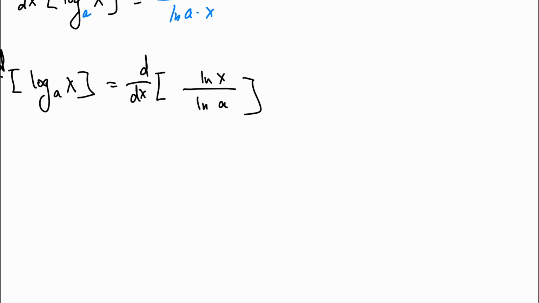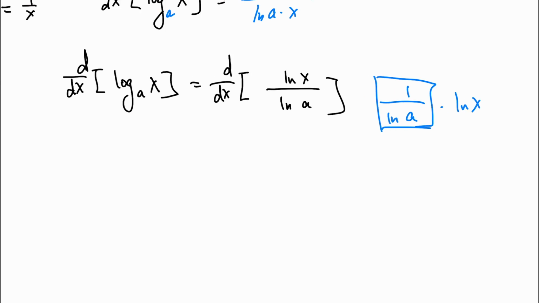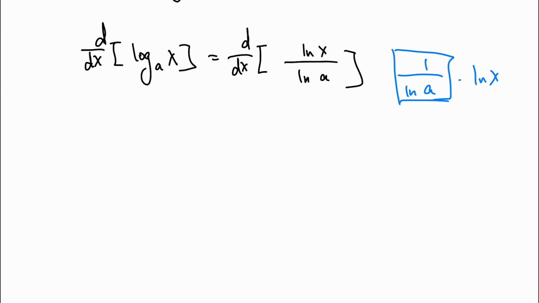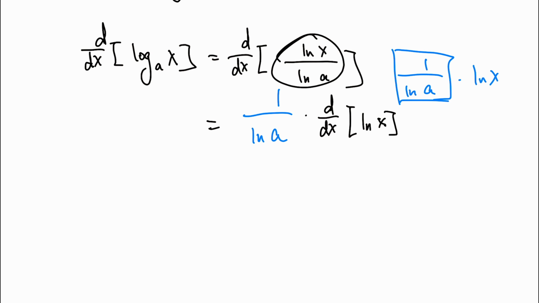You can think of this constant multiple as 1 over ln a times ln of x. And we can just get this constant multiple out using the constant multiple rule. So then we can just simply have 1 over ln of a times the derivative of ln of x. Even if you see this thing, you don't need to use the quotient rule, and even if you do, you might get it wrong.